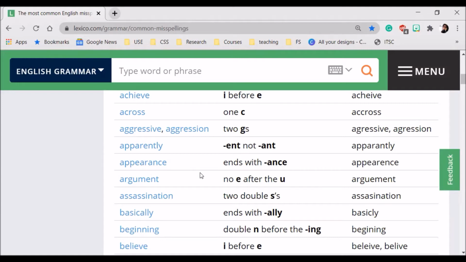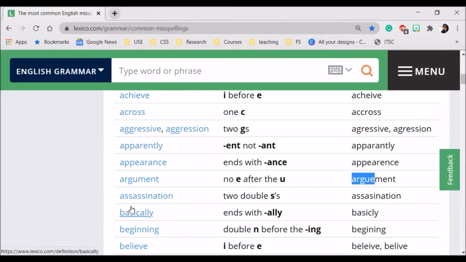Then we have argument, in which we have U and not E, because we know the spelling of argue. Argue has ARGUE, but when we combine it with ment and make a noun, argument, we omit the E, which would come in the word argue itself. So when combining, we have argue, the E is omitted, and then we have ment. So there is no E.